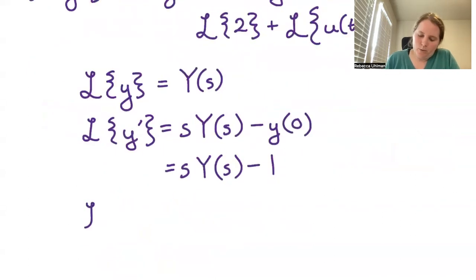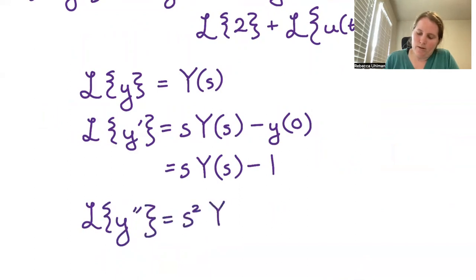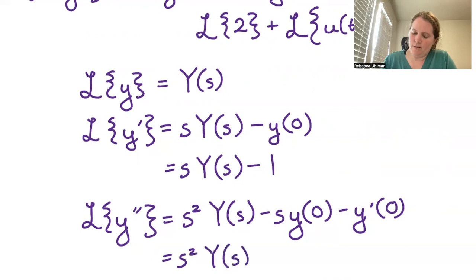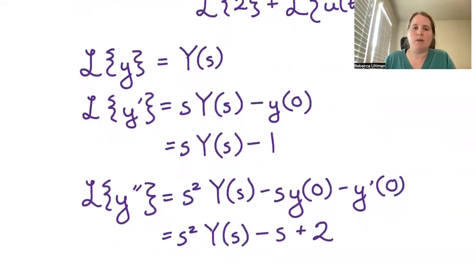The Laplace transform of y double prime is equal to s squared times capital Y of s minus s times y of 0 minus y prime of 0. So this becomes s squared times capital Y of s minus s plus 2, if we plug in y of 0 equals 1 and y prime of 0 is -2.